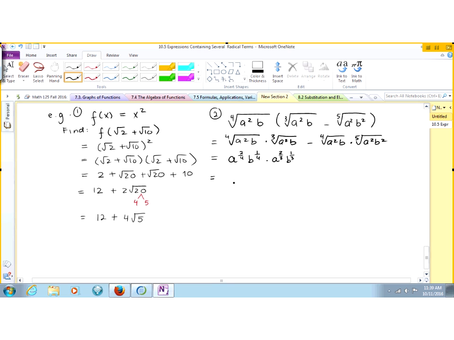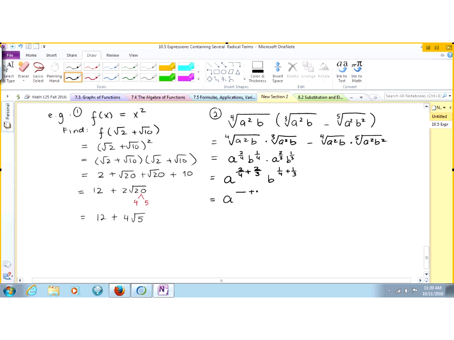Do we know what to do with this? Of course, right? We just did. So what do you do to the exponents? You add them: 2/4 plus 2/3. How about b? 1/4 plus 1/3. So let me do the left first, and then we will do the right next time.